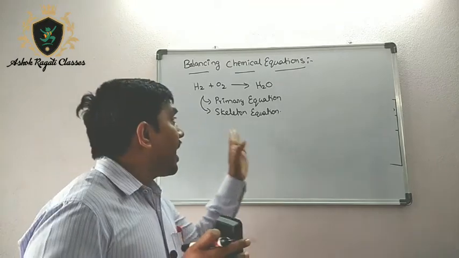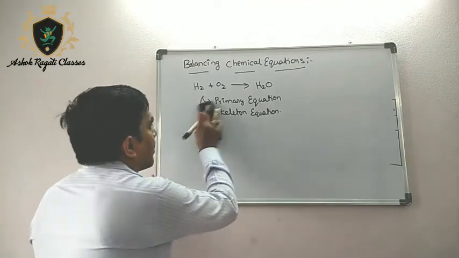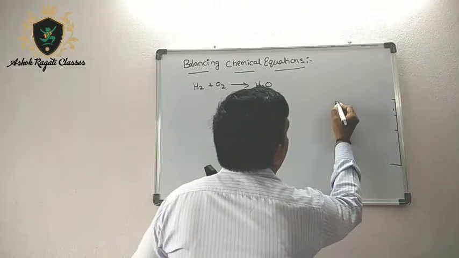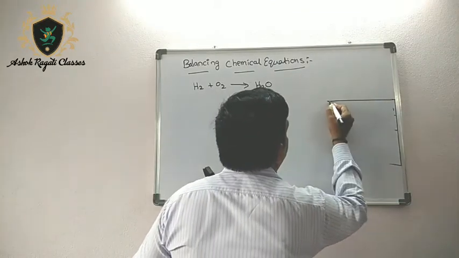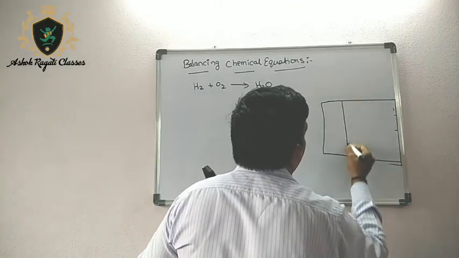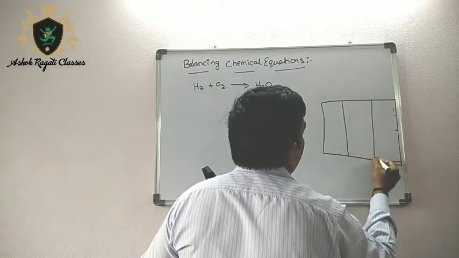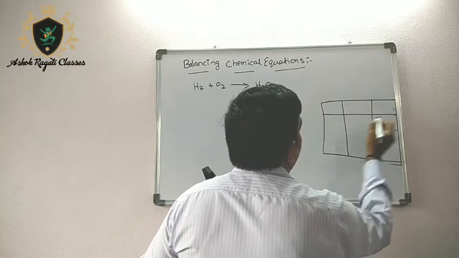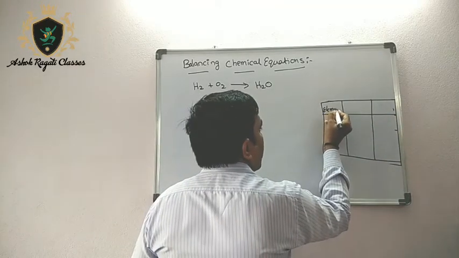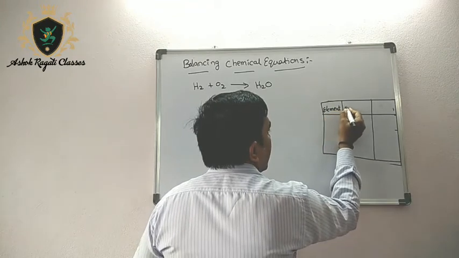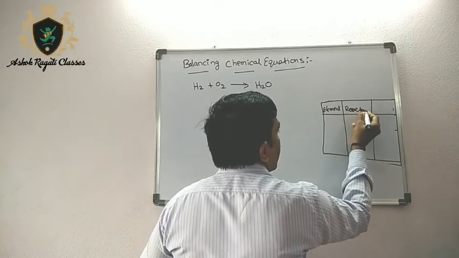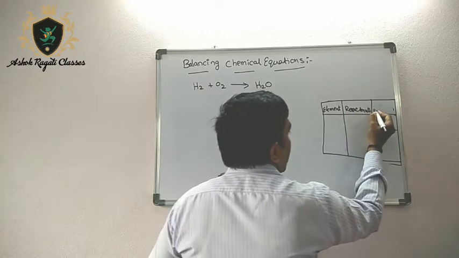Now try to balance this chemical equation. So draw one table: name of the element, reactants, products.